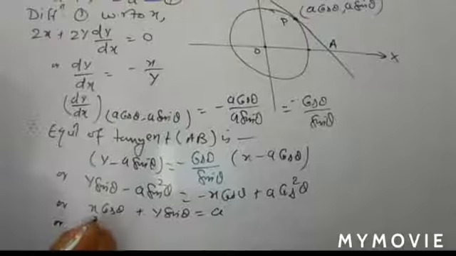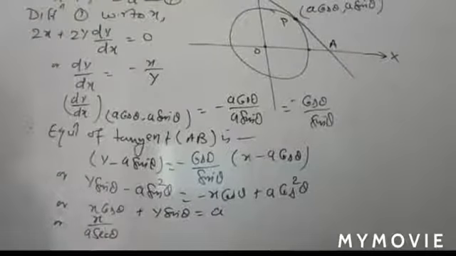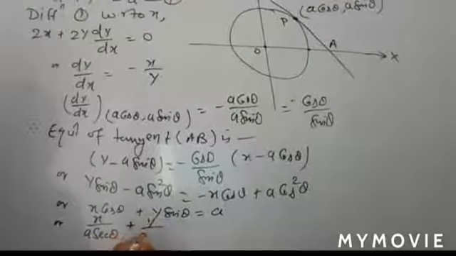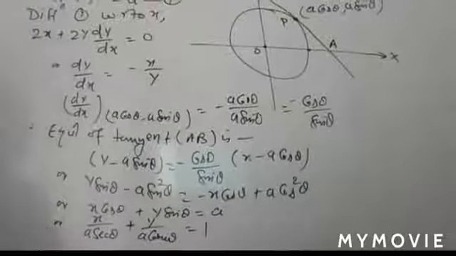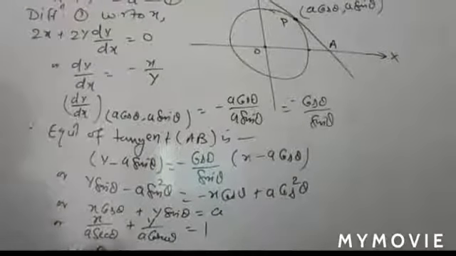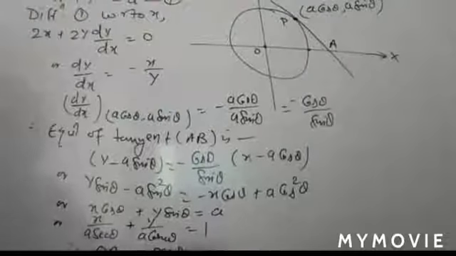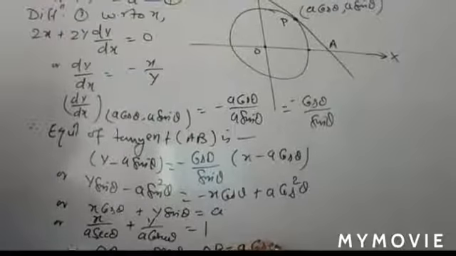So you have x upon a sec theta plus y upon a cosec theta is equal to 1. In this way, OA is equal to a sec theta and OB is equal to a cosec theta.